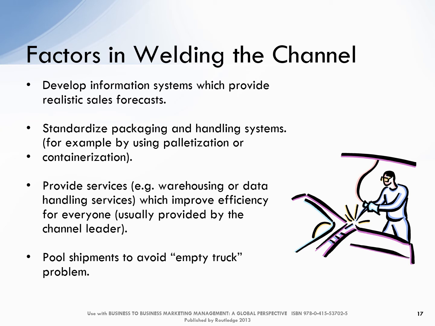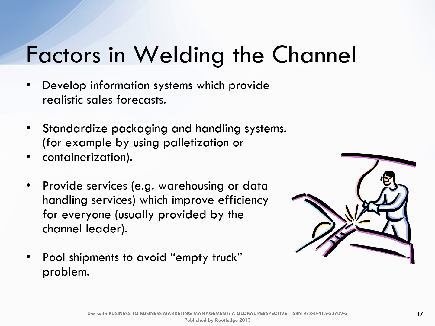Factors involving the channel. A company has to work the relationships among all its partners. So for this, a company has to develop an information system which provides realistic sales forecasts, and a company can standardize packaging and handling systems, for example by using palletization or containerization.